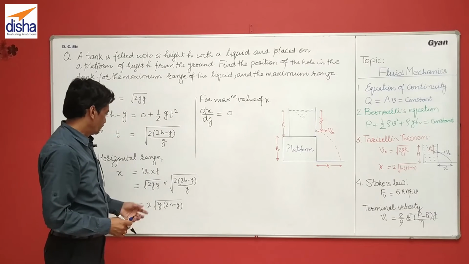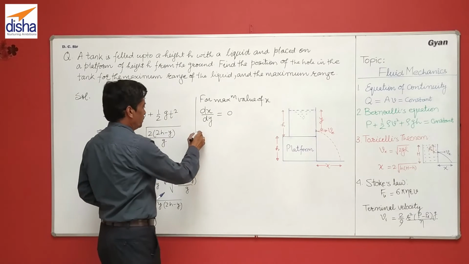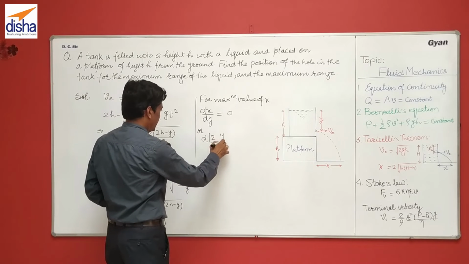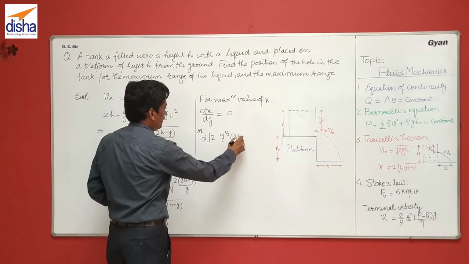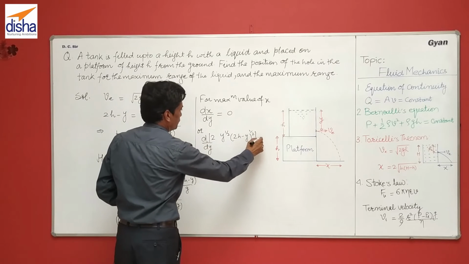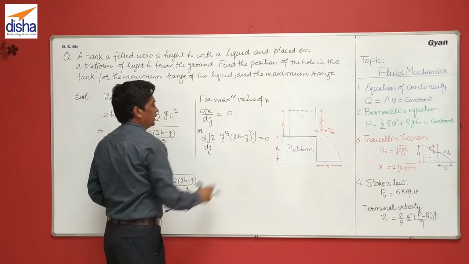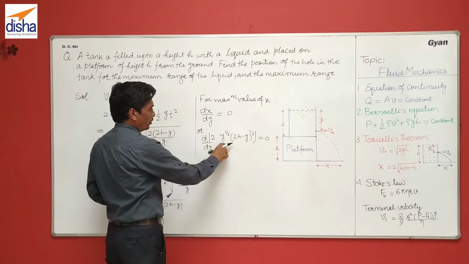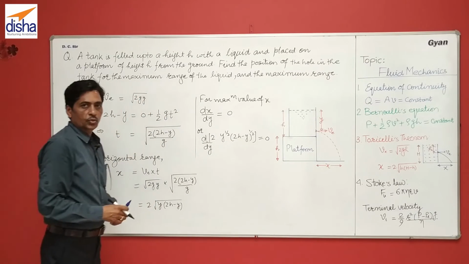So you differentiate it and put it equal to 0: 2 times y to the power half and (2h minus y) to the power half, with respect to y, is equal to 0. The 2 gets multiplied, so it becomes 0. And so we use the formula for the product of two functions.